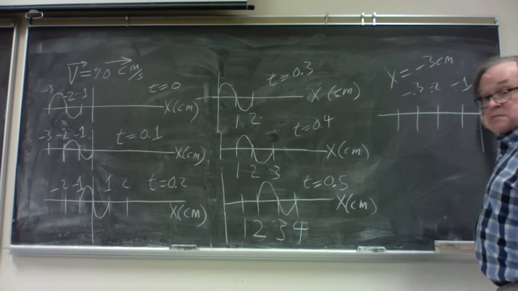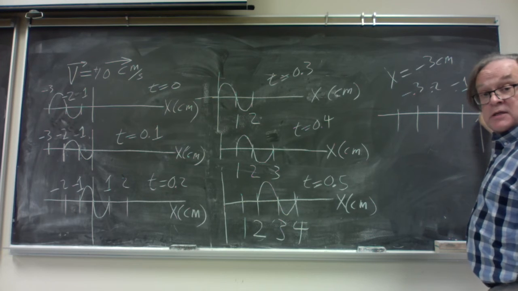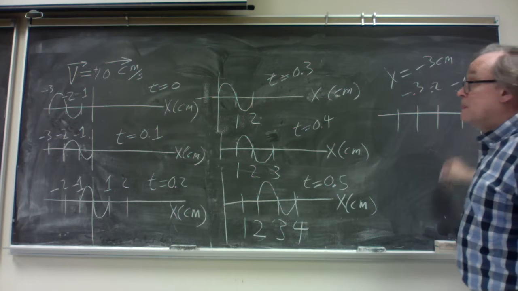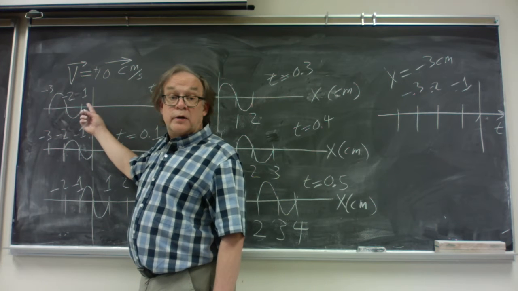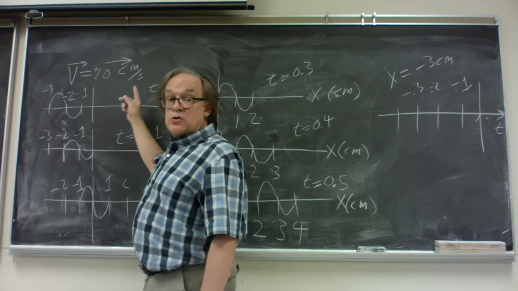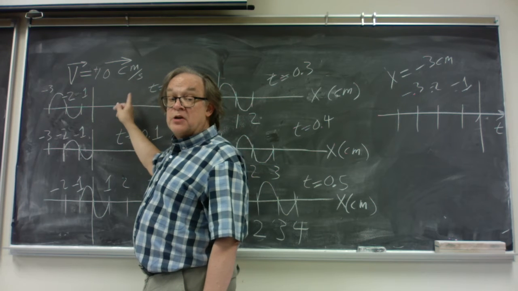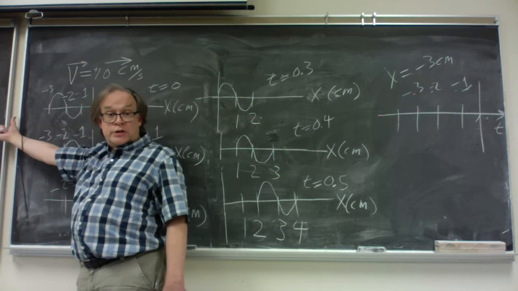So here's the bottom edge of the pulse. At time 0, this pulse is moving 1 centimeter in 1/10 of a second. So 2/10 of a second earlier, the pulse was 2 centimeters to the left.